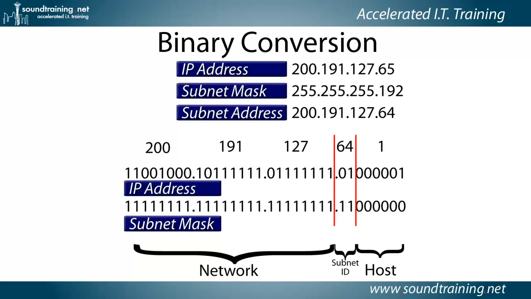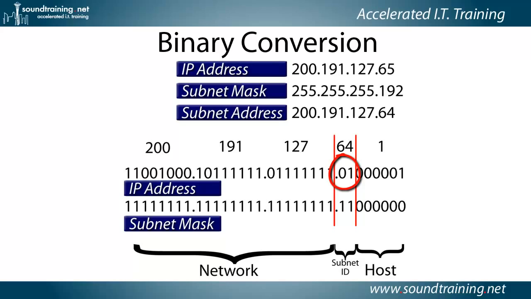And now what we have is we still have a major network number of 200.191.127, but look at the value of the bits turned on between the 2 lines in the IP address. It's the second of the first 2 bits. The 128-bit is not turned on, but the 64-bit is.